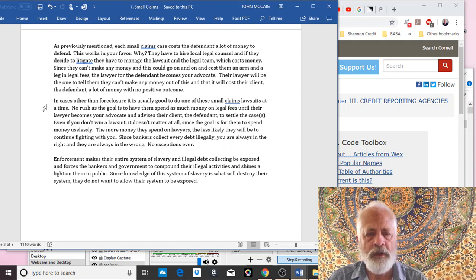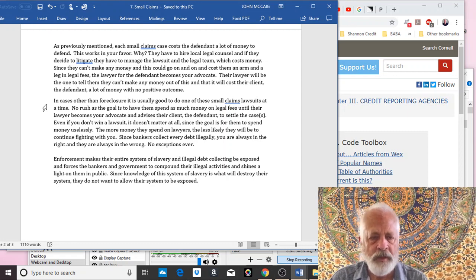Even if you don't win a lawsuit, it doesn't matter at all, since the goal is for them to spend money uselessly. The more money they spend on lawyers, the less likely they will be to continue fighting with you. Since bankers collect every debt illegally, you are always in the right and they are always in the wrong. There are never any exceptions to this.